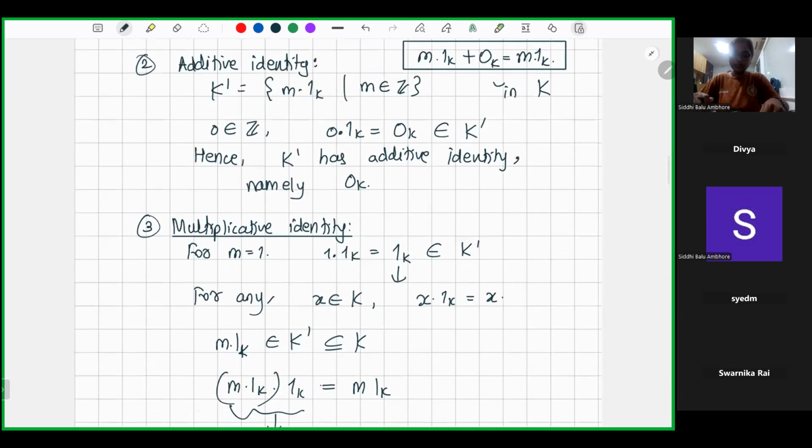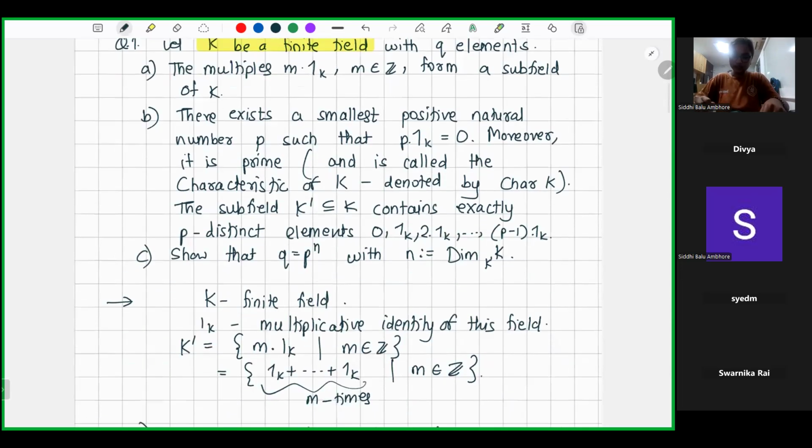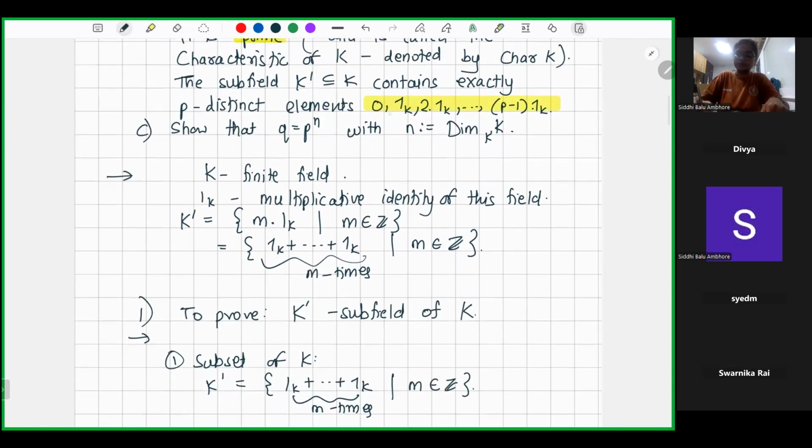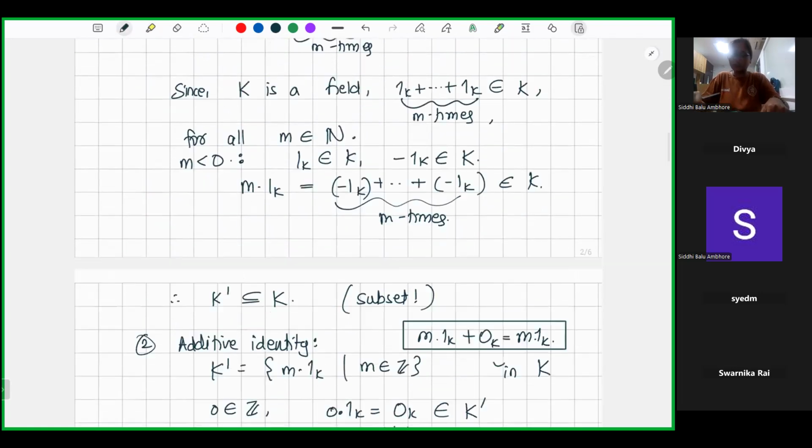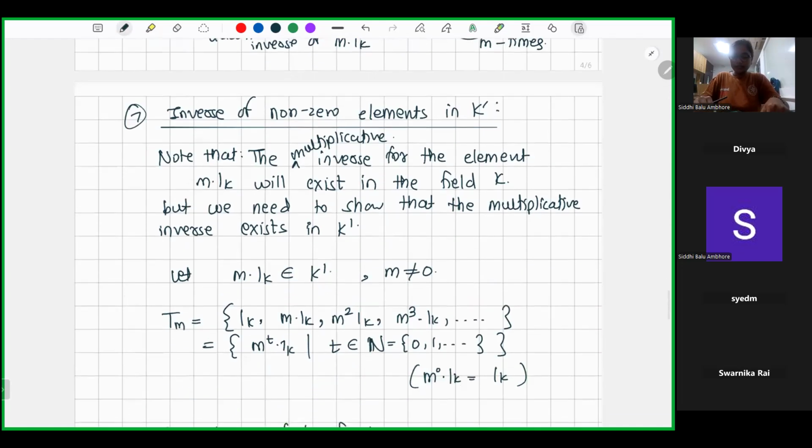So let's go to the second question, that there exists the smallest positive natural number p such that this p into 1k is 0. And we also have to prove that this p is prime here. Once we get that, we will get that this K dash is precisely this set 0k, 1k, and so on. Okay, so let's try to prove that.